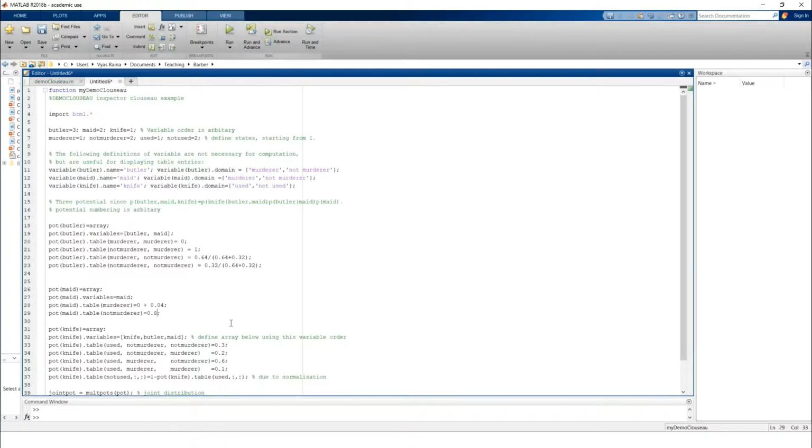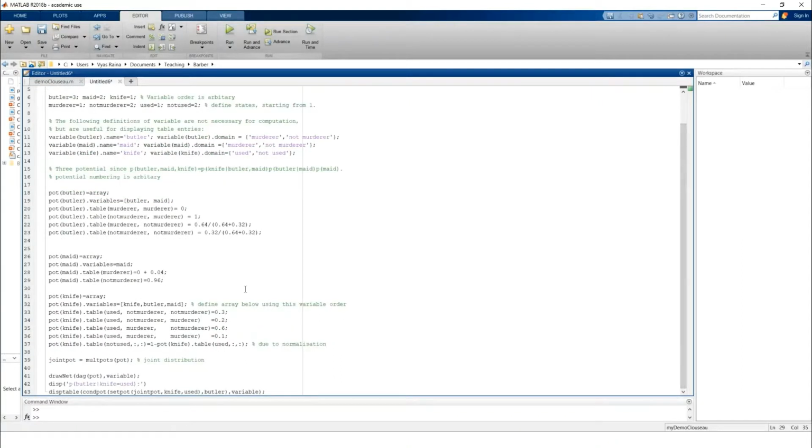Then the probability of the maid being not murderer is obviously going to be 1 minus 0.04. Or, if you remember, it's 0.64 plus 0.32, which both give 0.96. And those are all the modifications we have to make. Alright, we can check if our modifications have been correct.